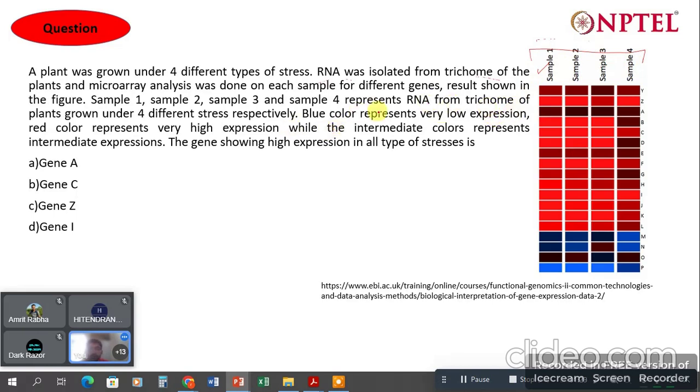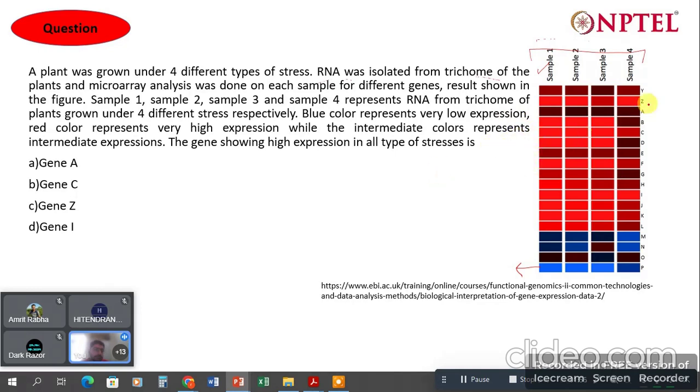Blue color represents low expression of the genes, and red color represents very high expression of the genes, and the intermediate colors that follow, that is the black and dark red, are intermediate expression of the genes.